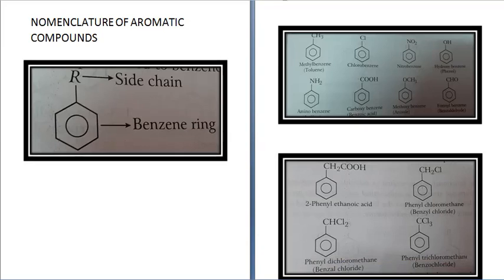So it becomes 3-cyanomethyl heptane-1,7-dinitrile. The longest carbon chain has got 7 carbons. Alright. And there are 3 cyano groups, so it becomes 3-cyanomethyl, because CH2CN can be seen in the side chain. So cyanomethyl. Heptane, and on 1 and 7 there is a dinitrile. Alright.